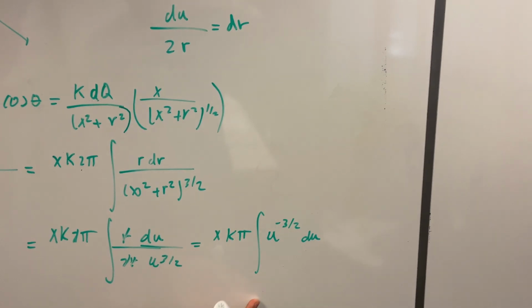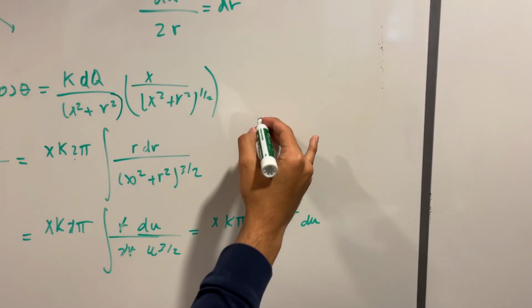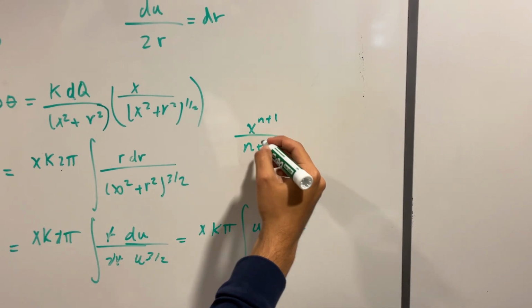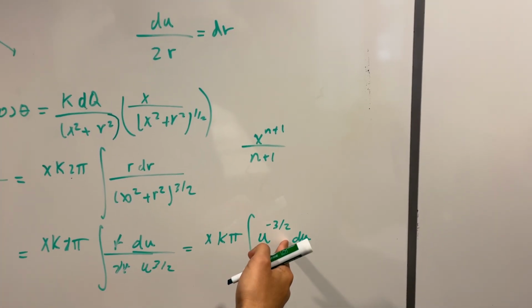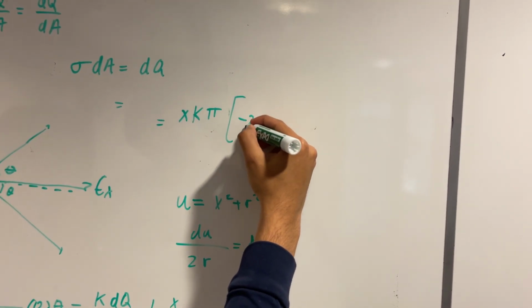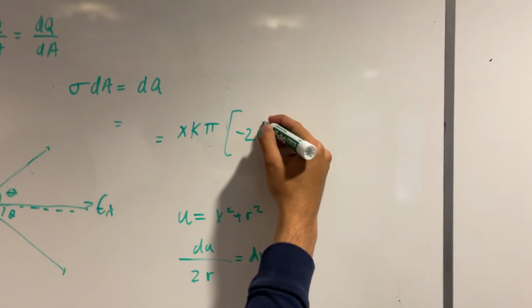For this, the integral is just u^(n+1) over n+1. So that's negative 2 times u to the negative 1/2.